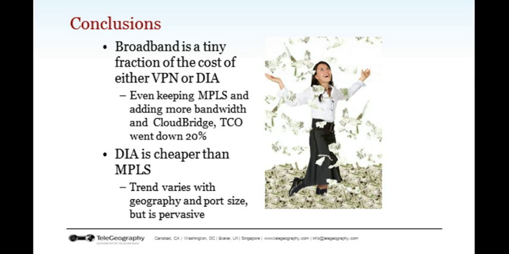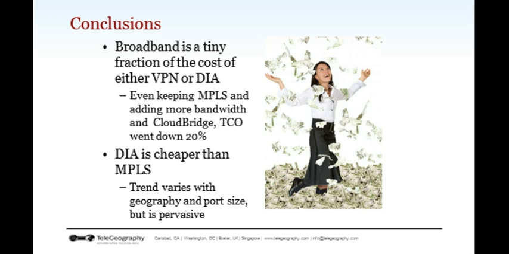So the conclusions that we can draw from this, of course, is that obviously broadband is a tiny fraction of the cost of either VPN or DIA. Even if you're going to keep some of your MPLS, increase your bandwidth with broadband subscriptions, and maintain all of that functionality that Carl mentioned and is going to speak more about, your TCO goes down by about 20%.